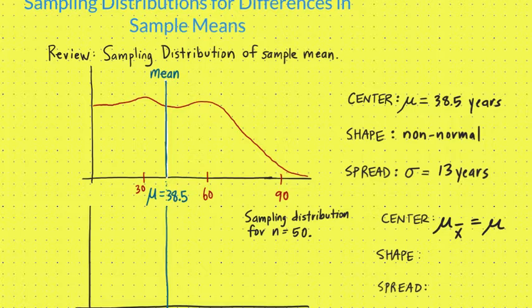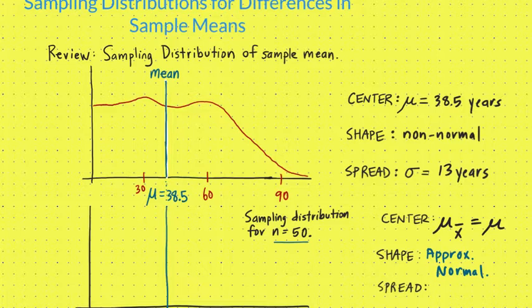What about its shape? Its shape is going to be approximately normal. How is that true? Well, our population is not normal. However, our sampling distribution is of samples of size 50. As we talked about, as long as that is 30 or more, the sampling distribution will be normal. This is called the central limit theorem.